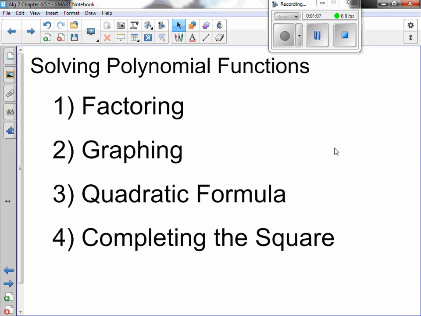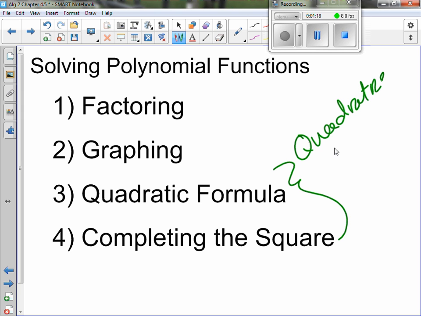Numbers 3 and 4 work for quadratic functions. Is it possible to use them for higher degree polynomial functions?